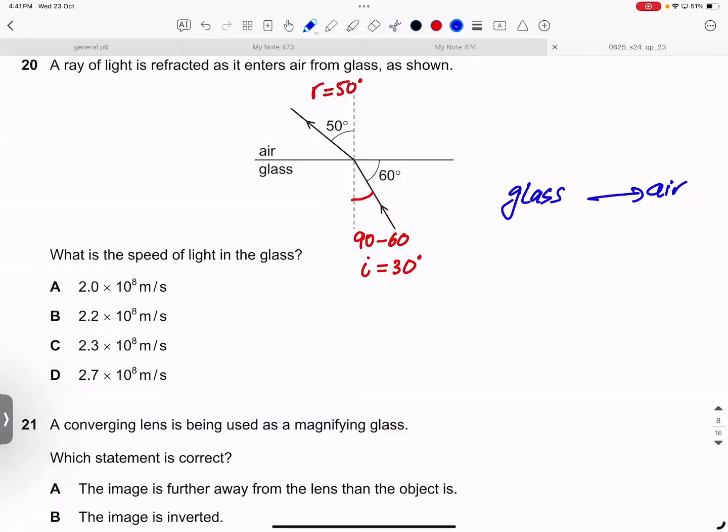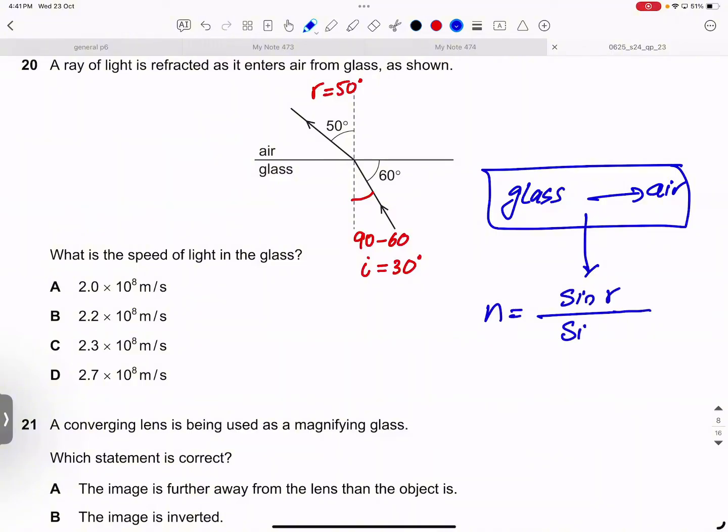Whenever light goes from glass to air, we say n is sine r divided by sine i, because it is going from dense medium to air. Sine of 50 degrees over sine of 30 degrees. You use the calculator and get the answer.